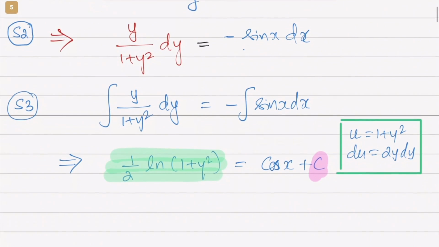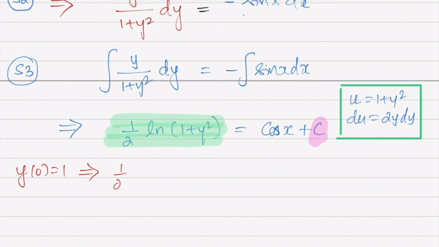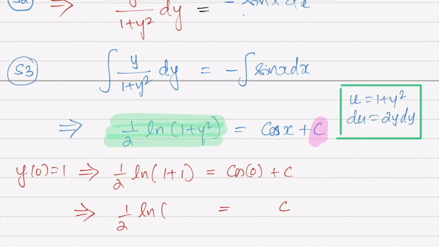So let's plug this back in. y of 0 equals 1 implies 1/2 ln of 1 plus 1 equals cosine of 0 plus c. Now I have an equation that I can solve for c. If I simplify this further, c would be 1/2 ln of 2 minus 1. That's how we figure out the c value.